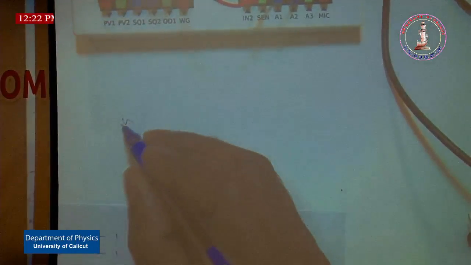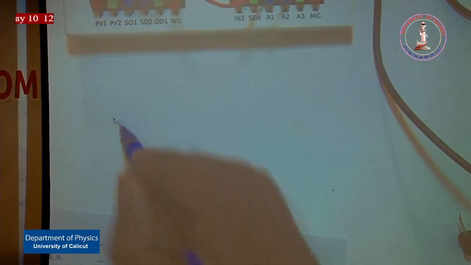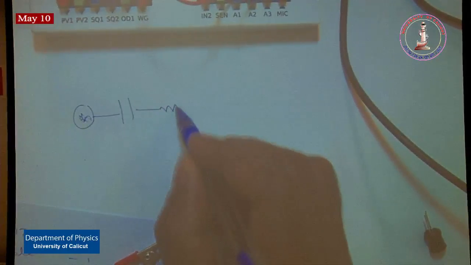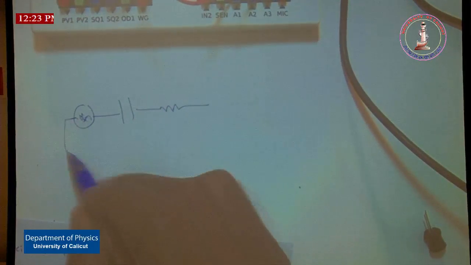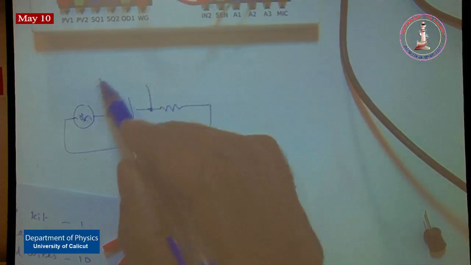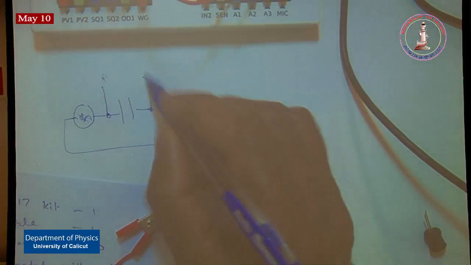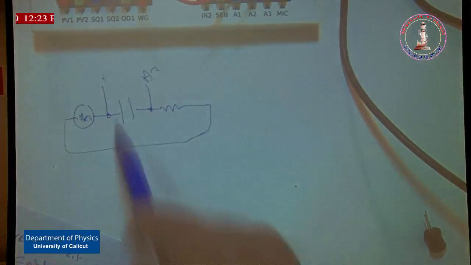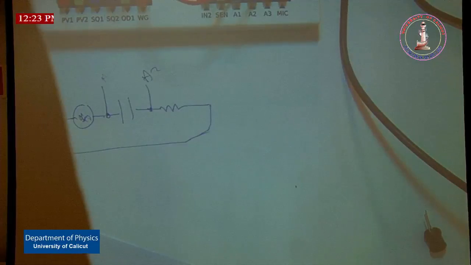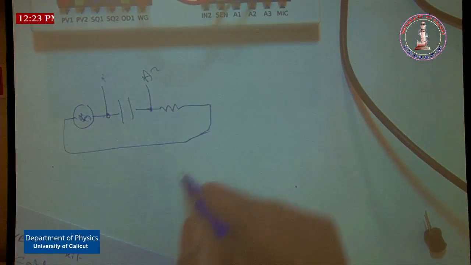You have a sine wave here and a capacitor, then a resistor. What we are trying to measure here is A1 and A2. So what we see is that across the capacitor, the voltage signals are shifted. Phase is shifted by 47 degrees. And that is given in the textbook.